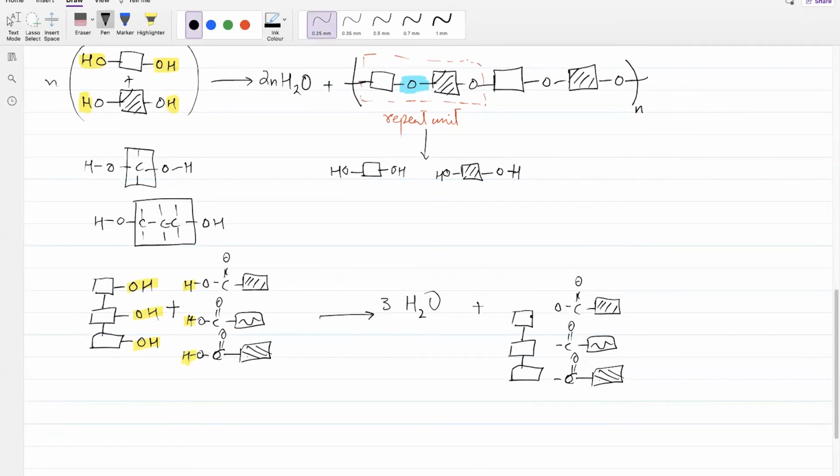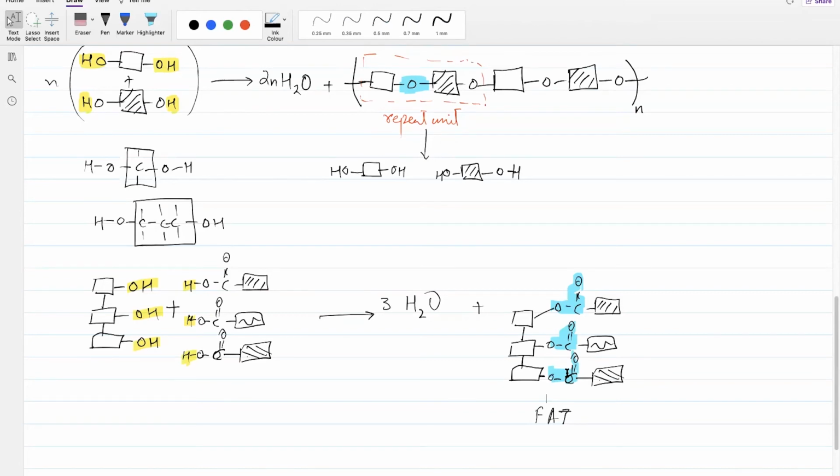So this joins here, this joins here, this joins here, and I have made a fat molecule. So this is a fat molecule because it has ester linkage in it. You can see that this is ester linkage, COO, COO, COO, and there are so many of them. So ये polyester है, ठीक है?